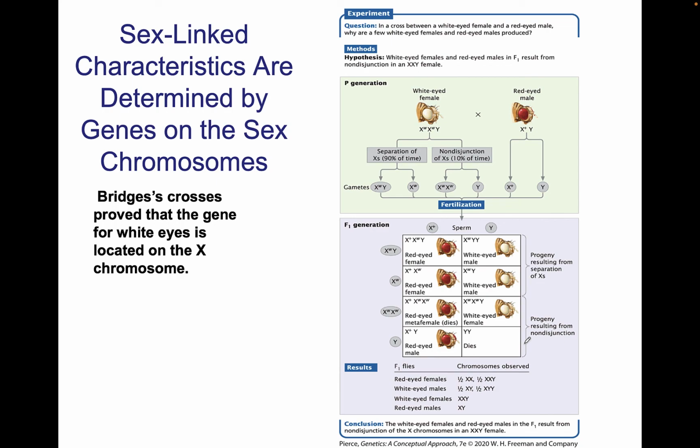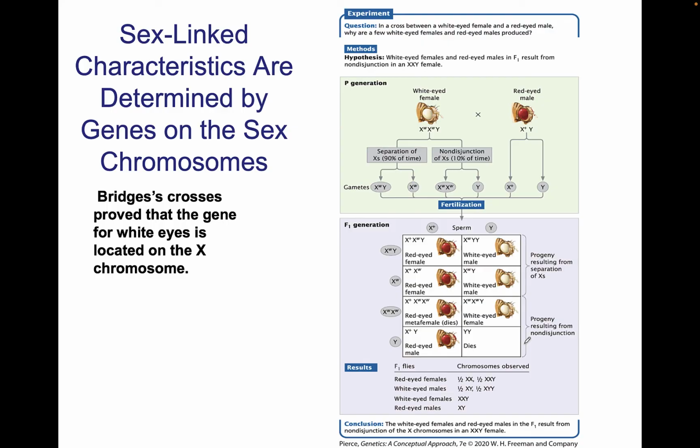Because ultimately, he kept experiencing this unexpected phenotype appearing in the crosses that he was conducting. Initially, Morgan thought it was a random mutation, and Bridges did not believe so.